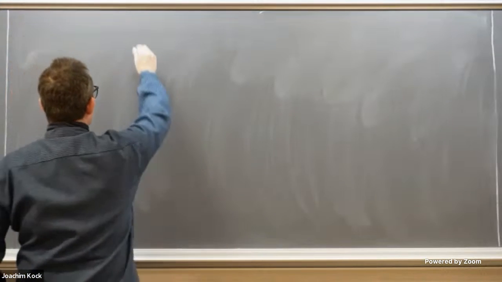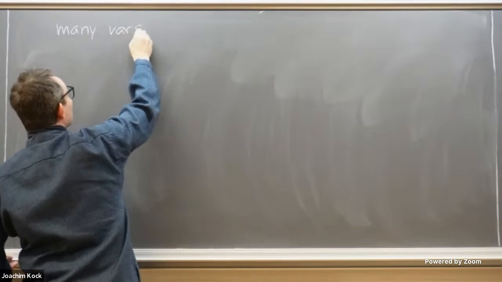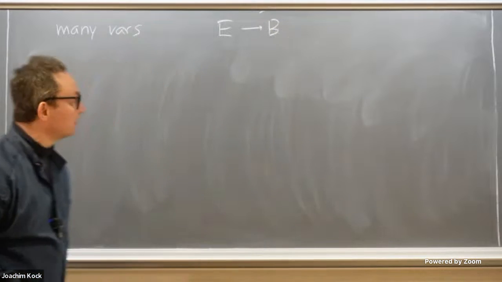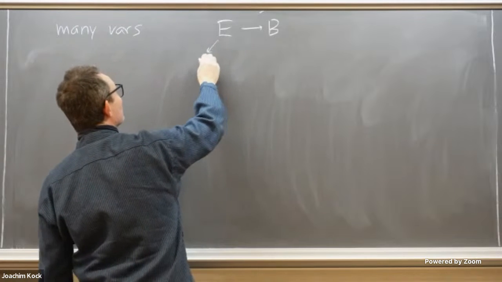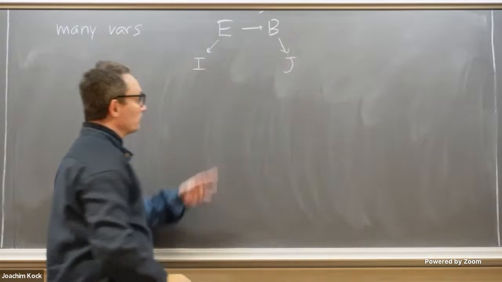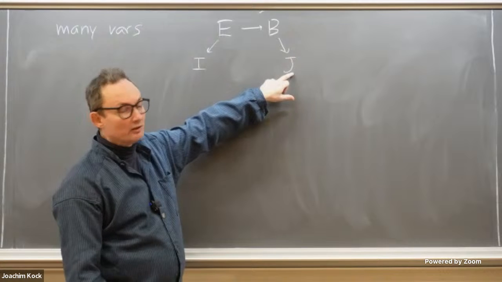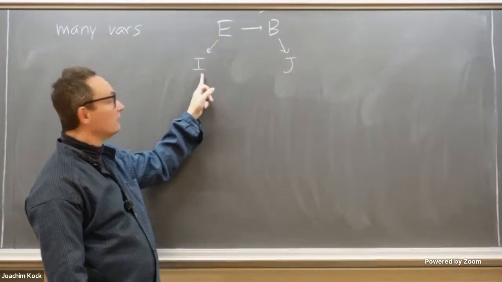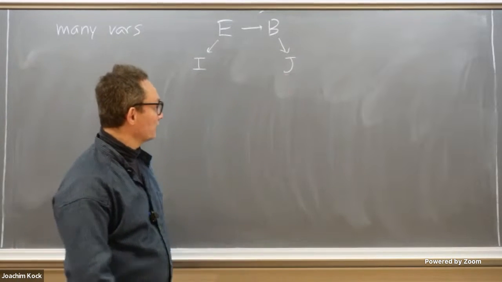So in many variables, we still have E to B here in the middle, but now we have to decorate these elements by two indexing sets. So what I'm going to do now is describe a J-tuple of polynomial functors in I many variables. So I indexes the variables, and this is just to give ourselves our tuple.